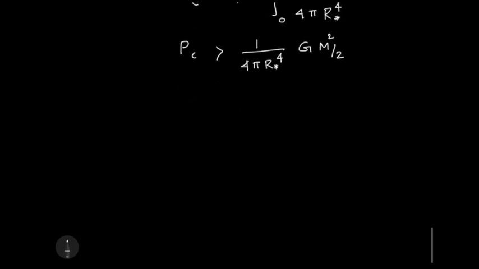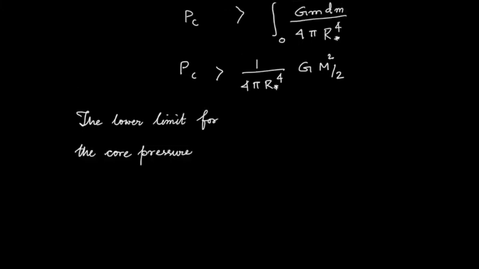So we get the lower limit: PC should be greater than GM square by 8 pi R star to the power 4. R star is the radius of the star. There is only one M, so I'm not writing it explicitly as M star.